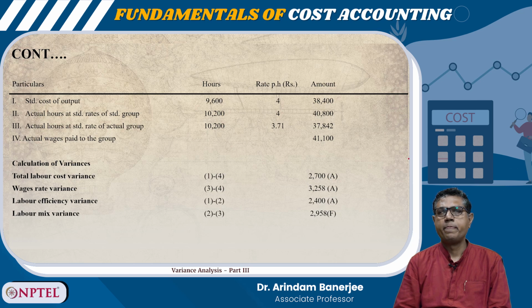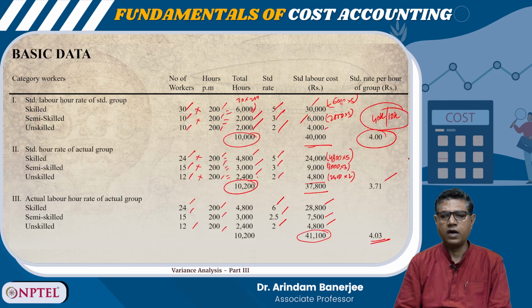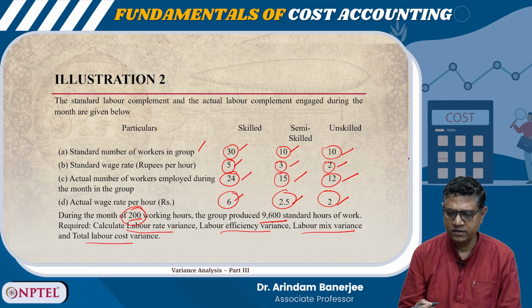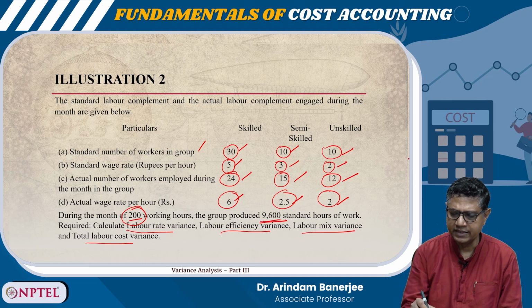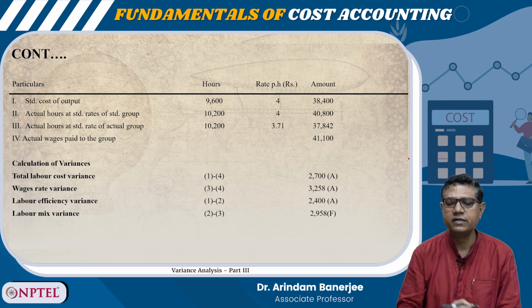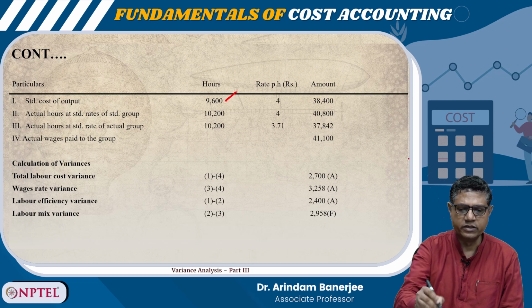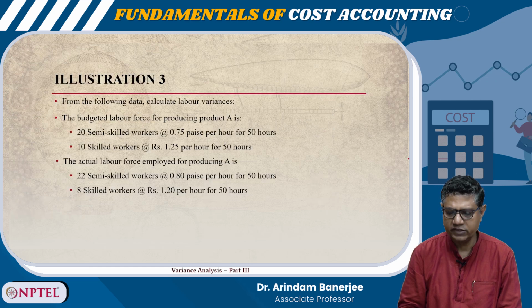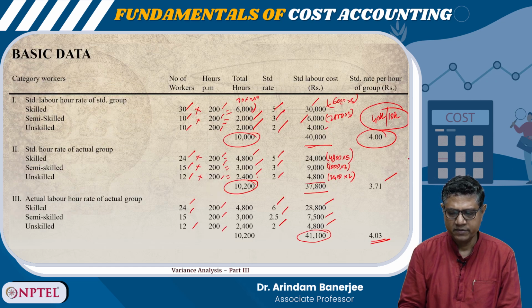So we can write it like this: standard cost of output hours is 9,600, which is given in the question as standard hours. Actual hours at standard rates for the standard group is 10,200.